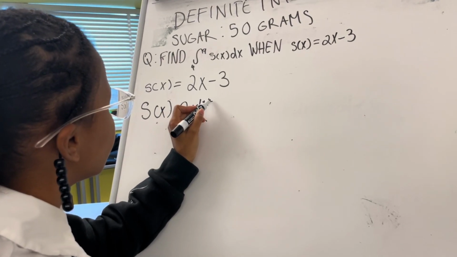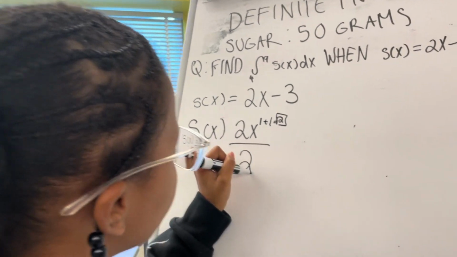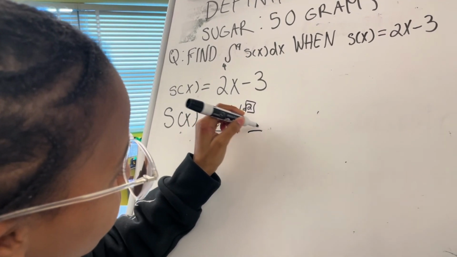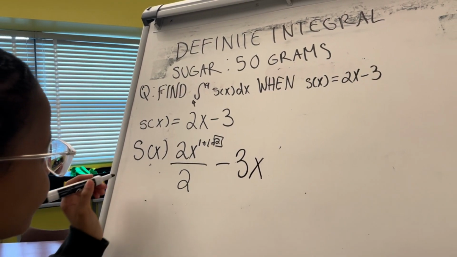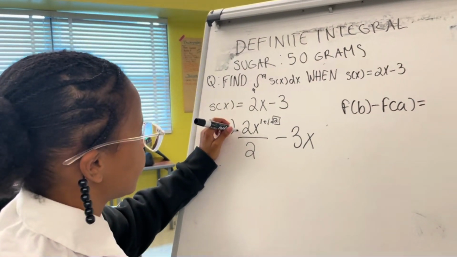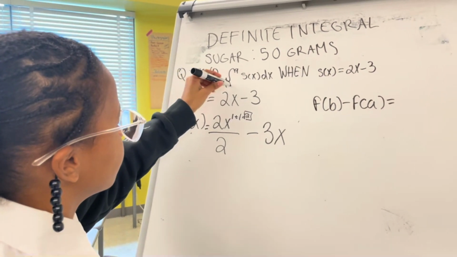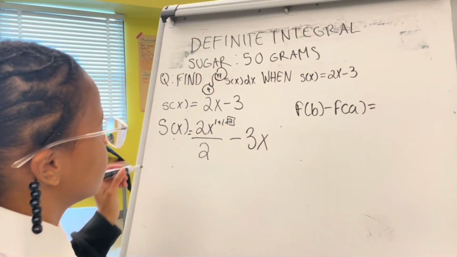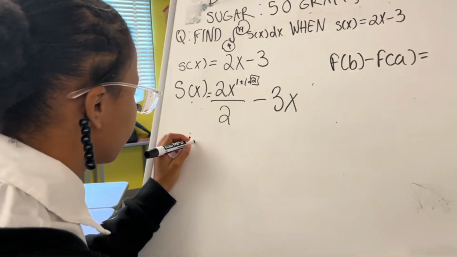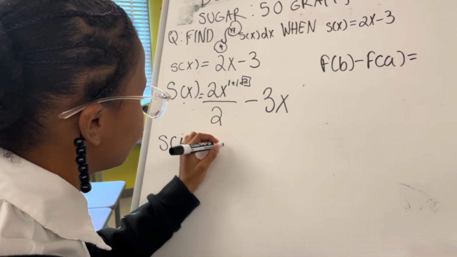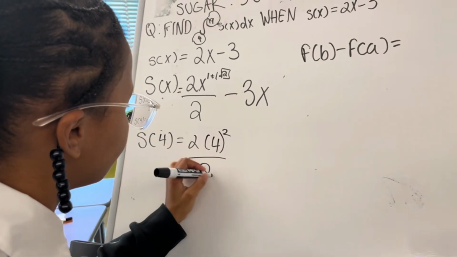Whatever this is, which is 2, you make it the denominator, and then you add a variable to 3. Now that we've found the antiderivative, we need to plug in the lower bound and the upper bound. So s of 4 would equal 2 by 4 squared over 2.